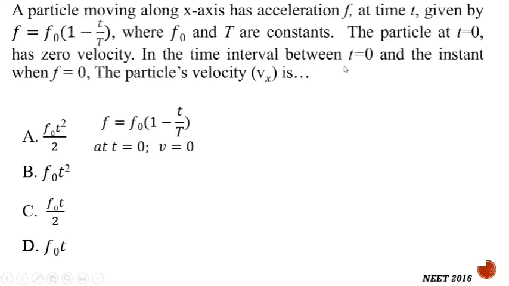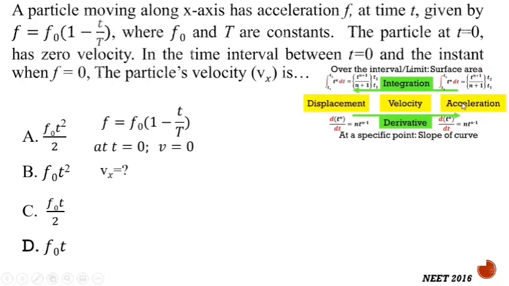In the time interval between t equal to 0 and the instant when acceleration is 0, the particle's velocity vx is. So we need to find out velocity. In this, acceleration is given to us and we need to find velocity. That means we need to take the integration of this equation.